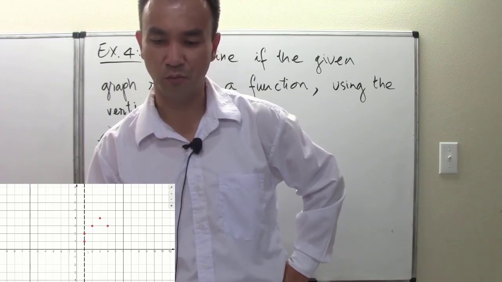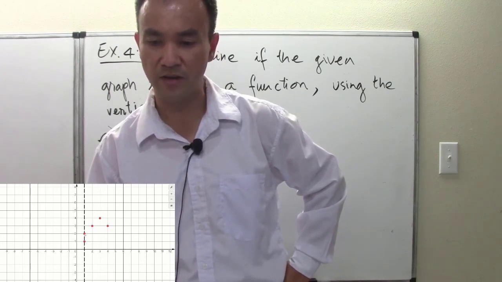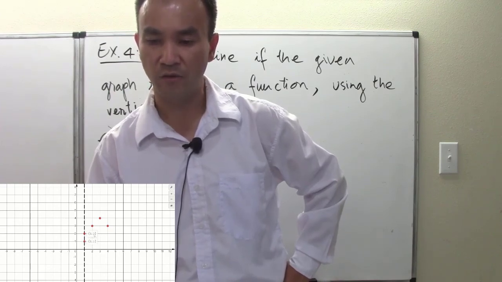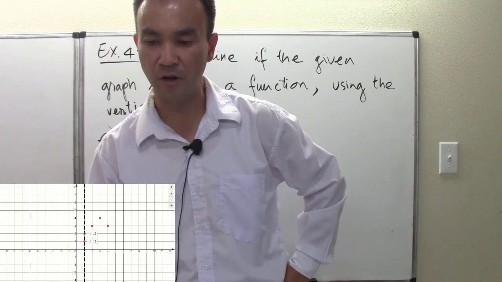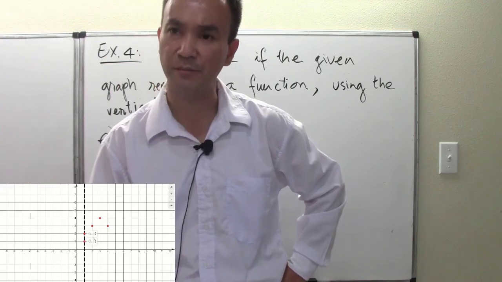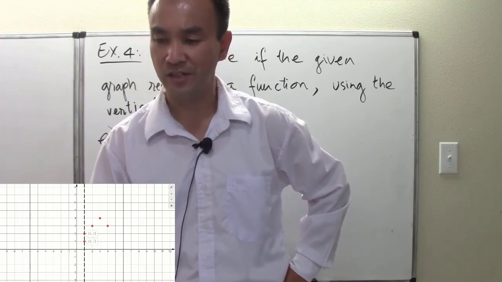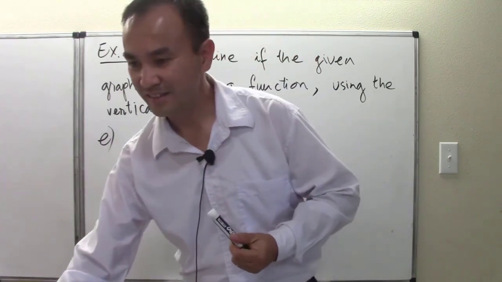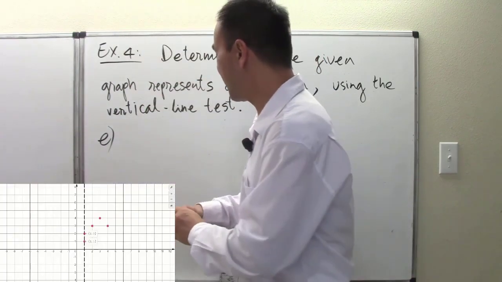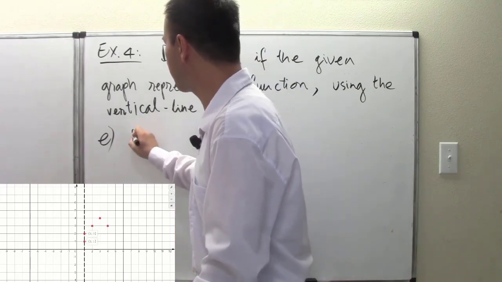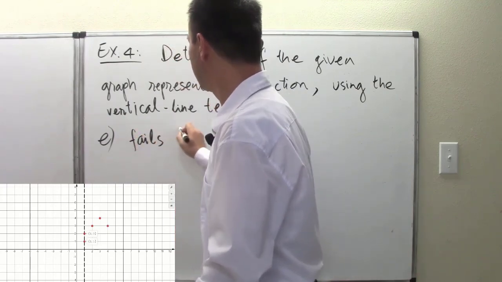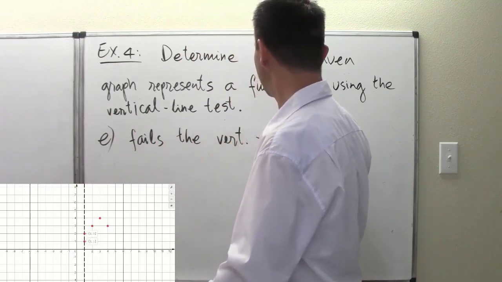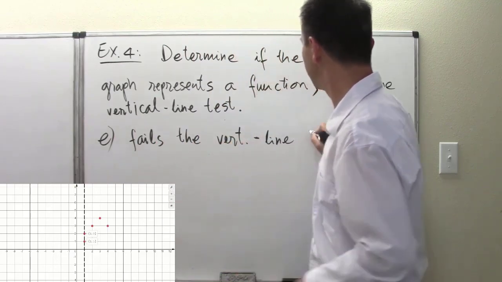One input, one x value, comes out with 2 y values. Y equals 1 and y equals 2. They're both at x equals 1. One input coming out with 2 output values. So this is where I'm saying that the graph here fails the vertical line test.